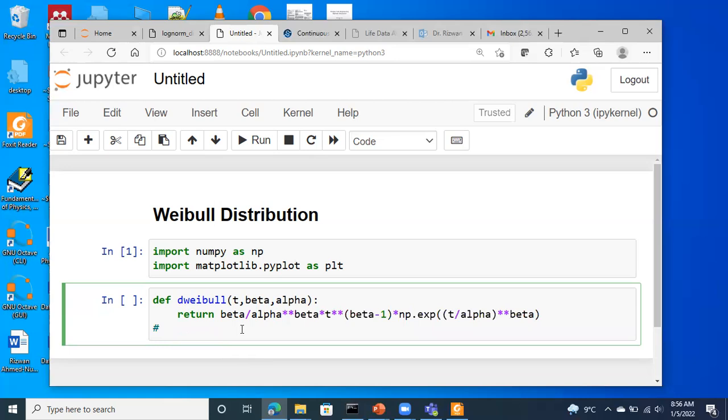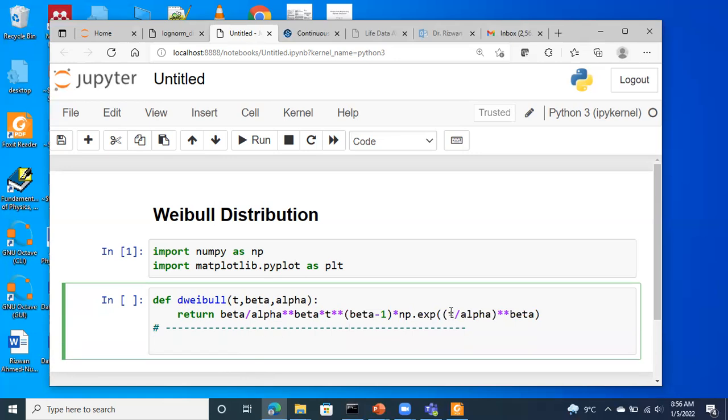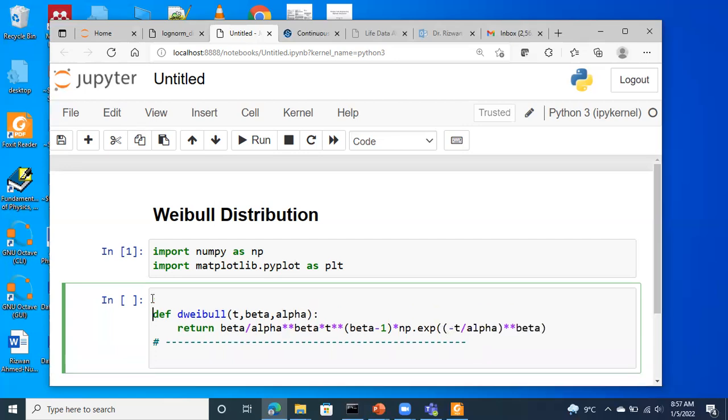So this is one function. This is the density function. Okay, well that was missing, so there should be a negative sign, right? This is for the density function f of t, right? Small f of t. It is for the density function, right?